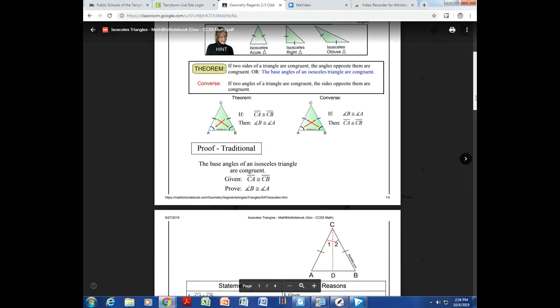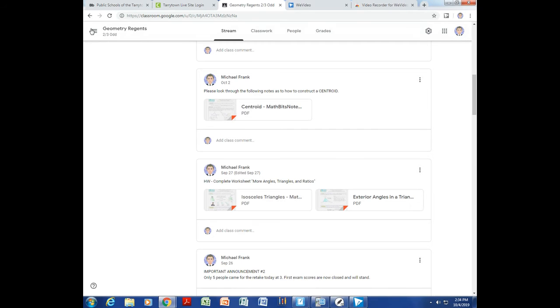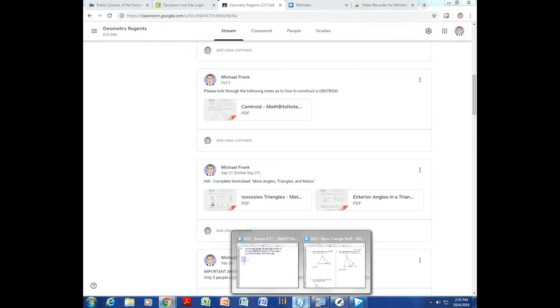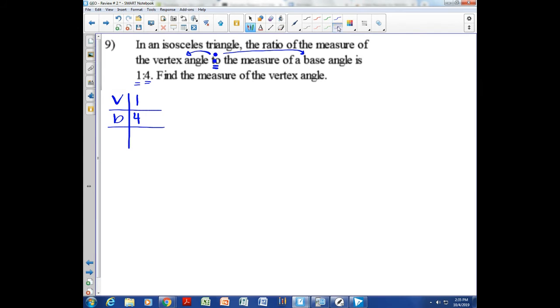If two sides of a triangle are congruent, the angles opposite them are congruent. Or if you know you have an isosceles triangle, you can just say the base angles of an isosceles triangle are congruent. So since we know that to be true, we can go back to this ratio problem and say, there's not one base angle, there are two base angles. And if they're congruent, and this one has a 4, then this one also has a 4.